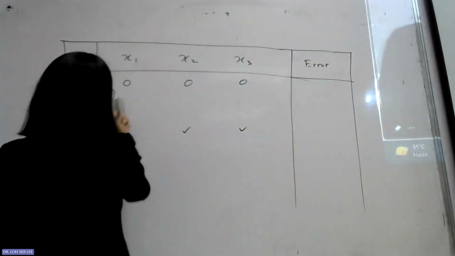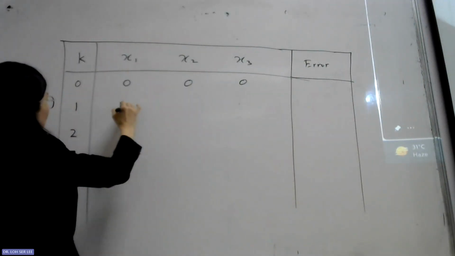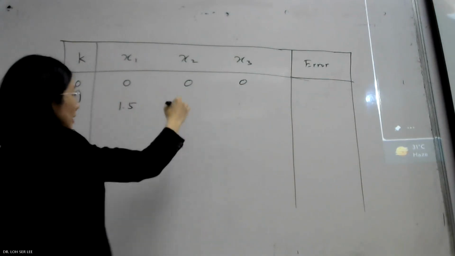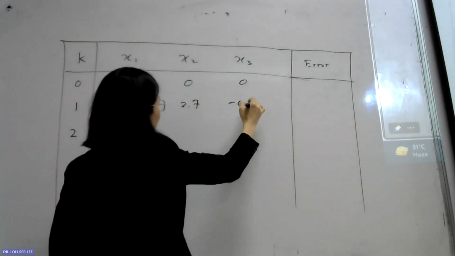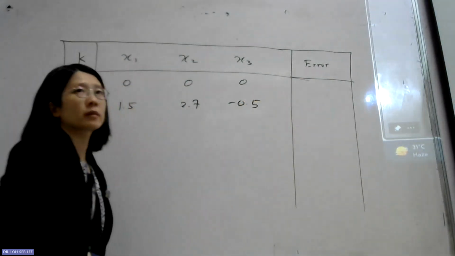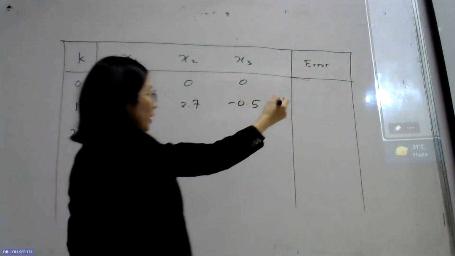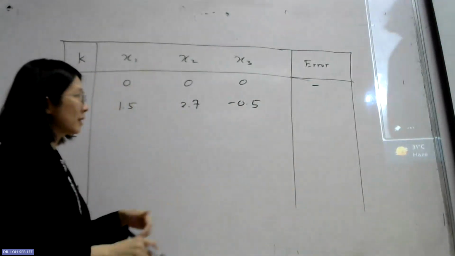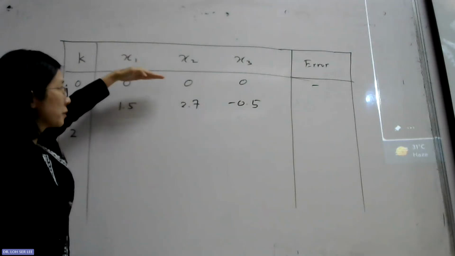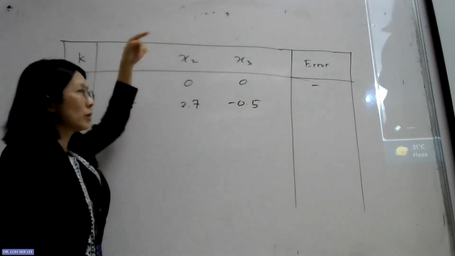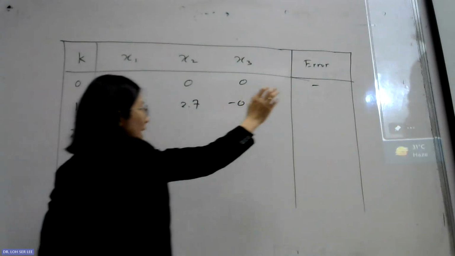I give an example here. Let's say what you obtain here is 1.5, this is 2.7, this is negative 0.5. So there's no error at the first row because error must be computed from the current minus the previous. There's no previous row for the first row, so it will start from here.